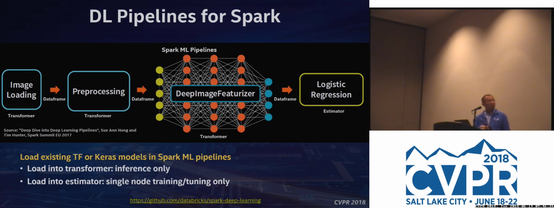It can also load those models into an estimator. However, it does not support distributed training. Once the model is loaded into an estimator, you can perform some single node training or fine tuning. You can run many instances in parallel, but each of them is running in single node mode only. So it's single node training and tuning only. There is no distributed training.